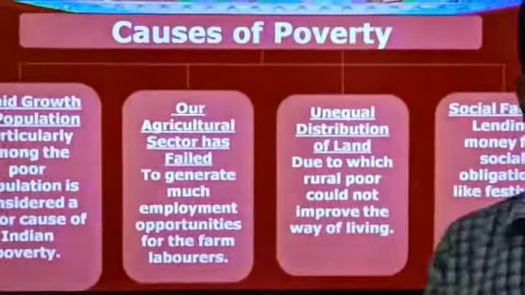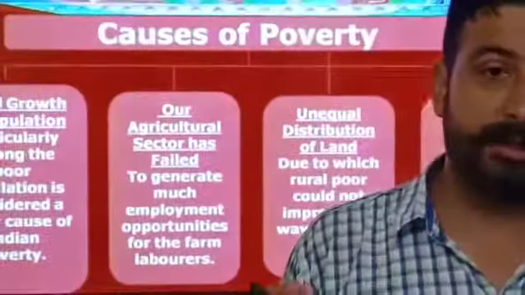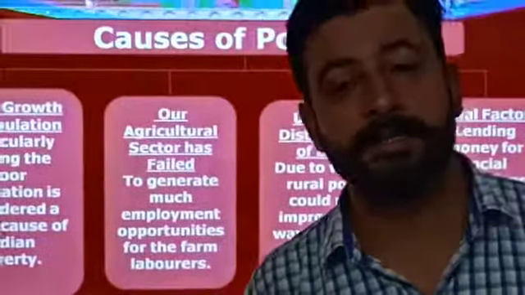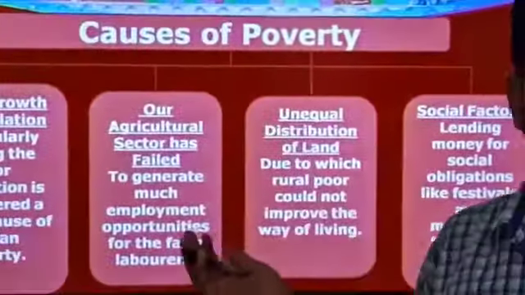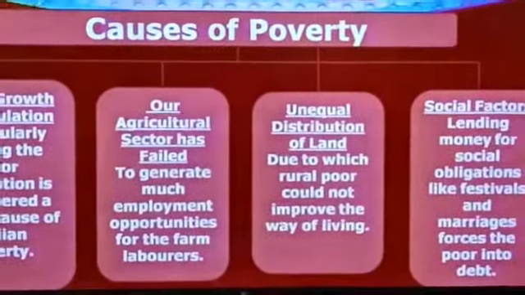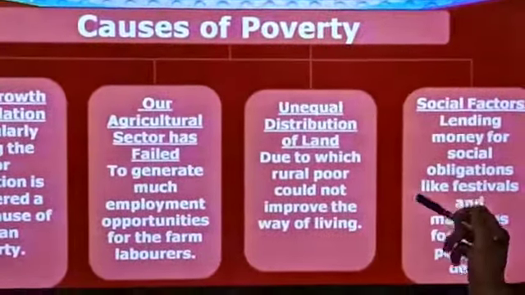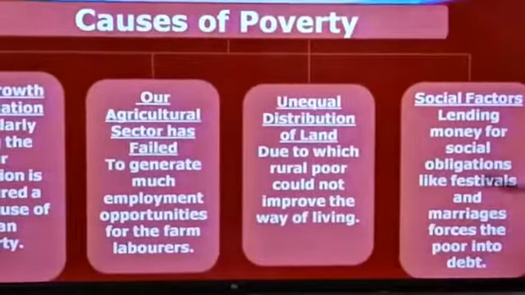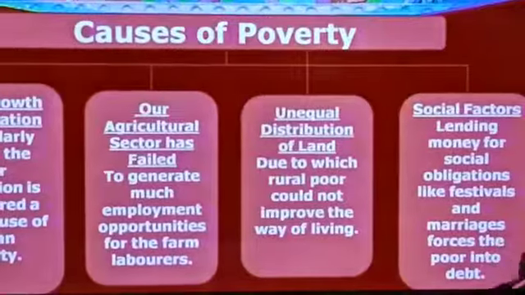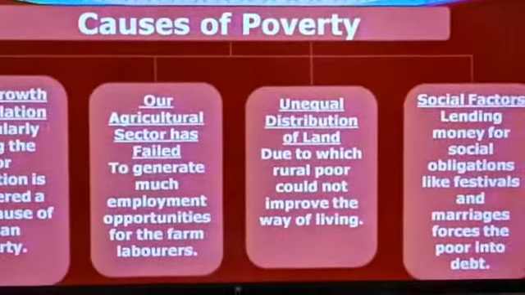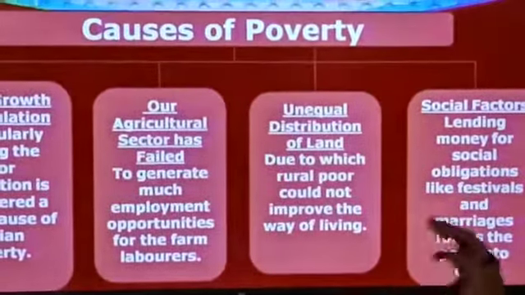Because they are debt trapped. And what is debt trap? They are not able to pay back the money they have borrowed from the money lenders or relatives, right? Next one is social factors: lending money for social obligations like festivals and marriage forces the poor into debt. And I have also explained the debt to you.